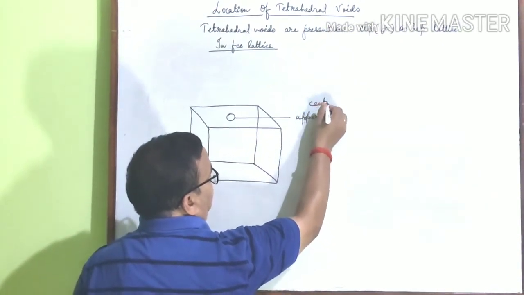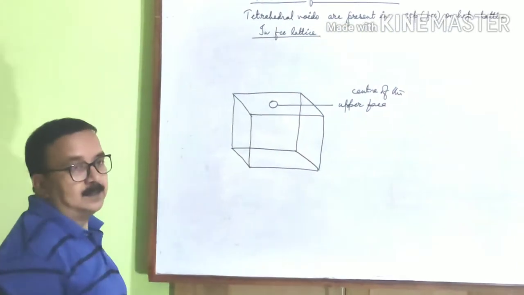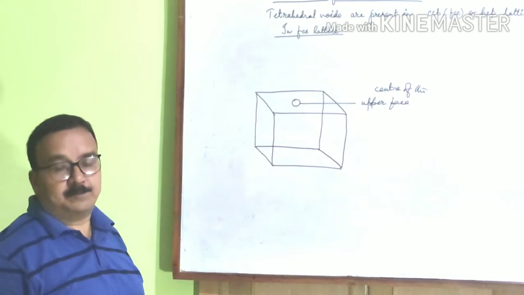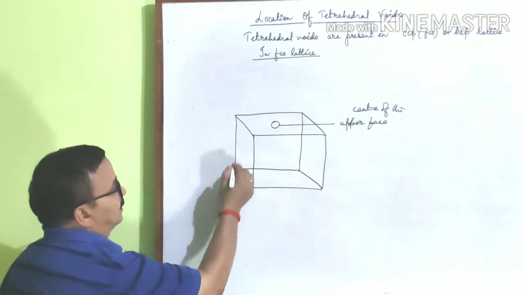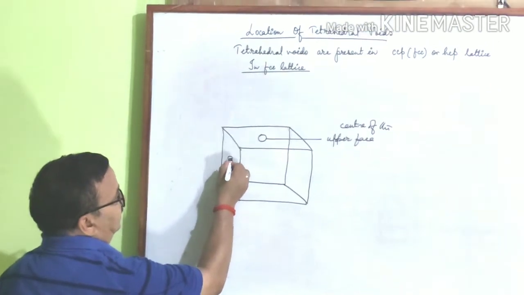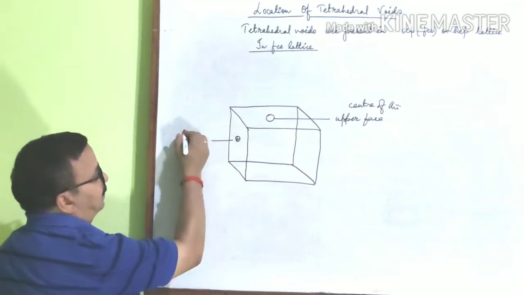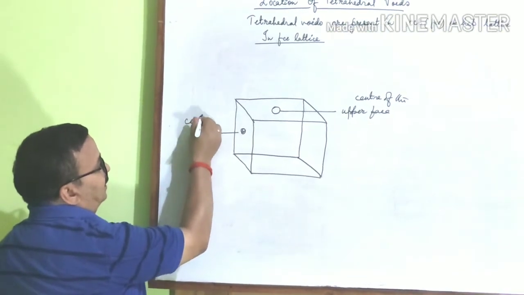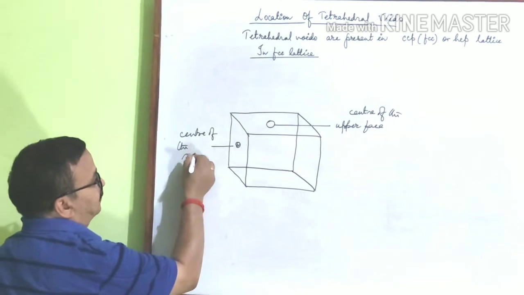Another sphere, which may be considered as an atom, molecule or ion, is present at the center of one of the side faces.